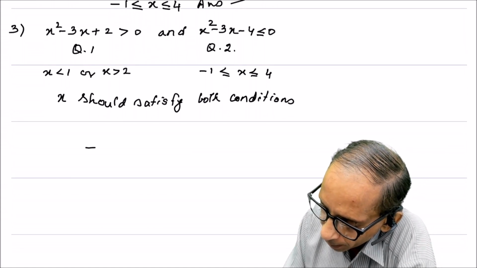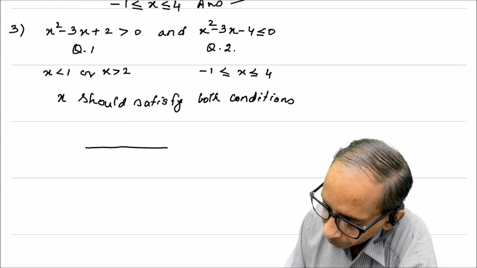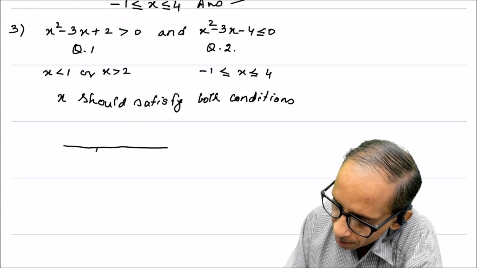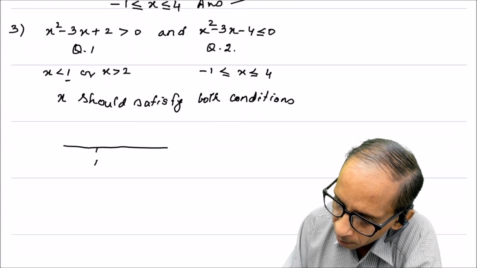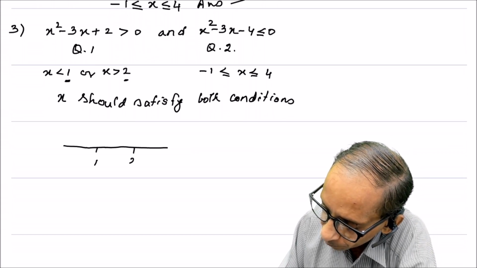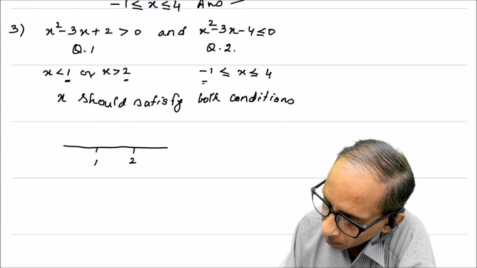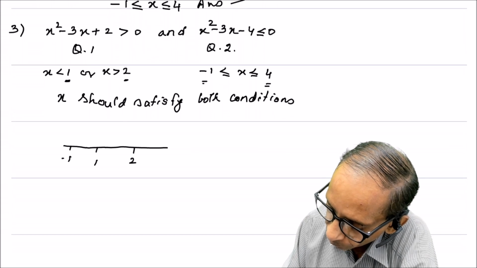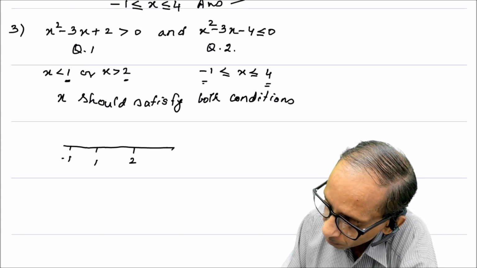We take the number line once again, like this, and we plot the numbers: this 1, this 2, this minus 1, and this 4.